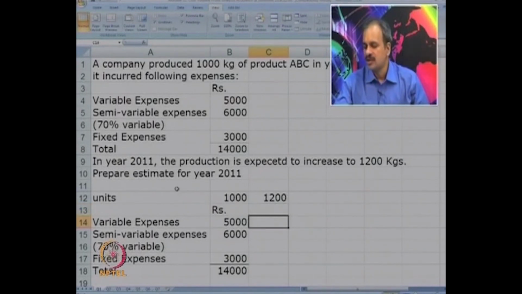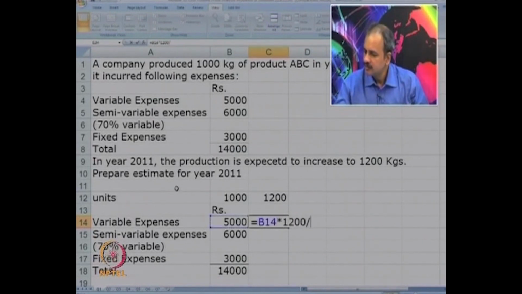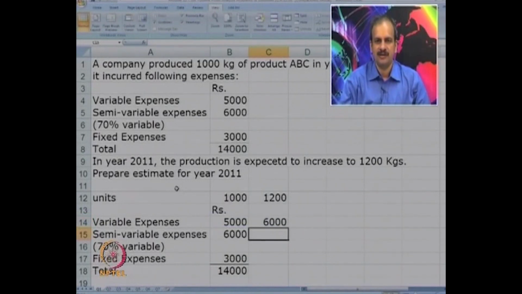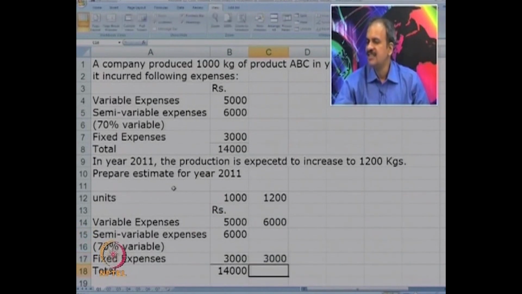What will be the variable cost? We all know that variable cost increases in the same proportion. So 5000 into 1200 upon 1000, it will become 6000. In other words, it will also increase by 20%. Semi-variable, we can't say it will increase by 20% because it is semi-variable. As far as fixed is concerned, we know that it doesn't change, so it remains at 3000.